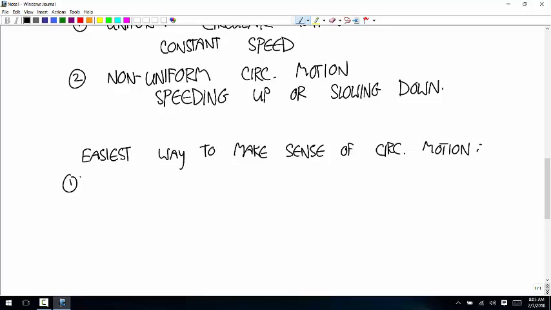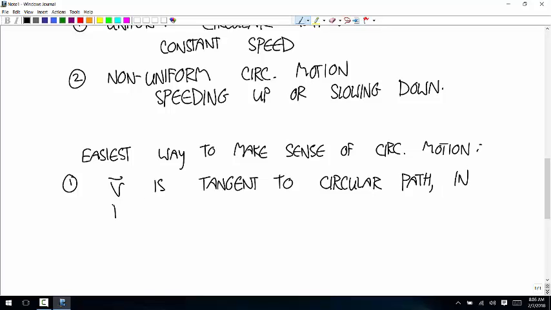So first, the velocity vector. So the velocity vector is tangent to the circular path in the direction of motion.